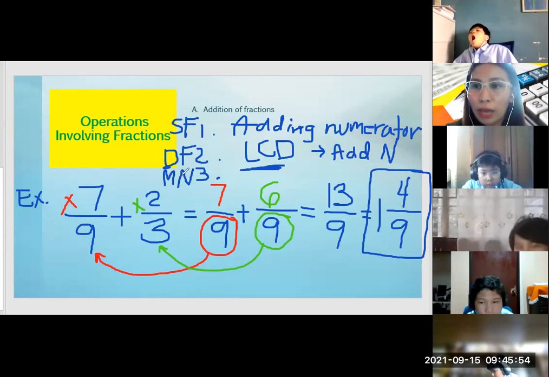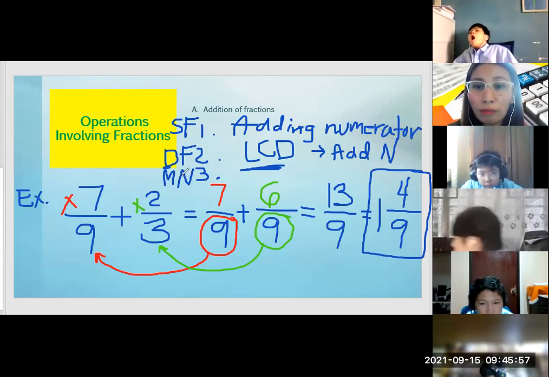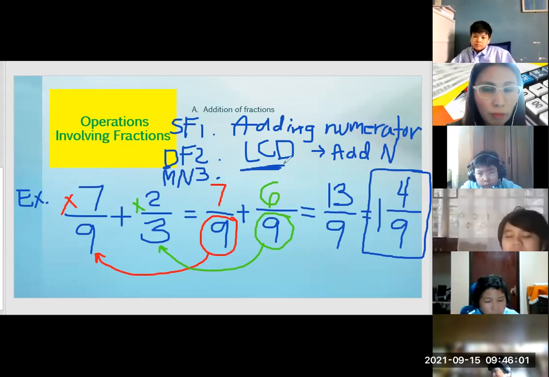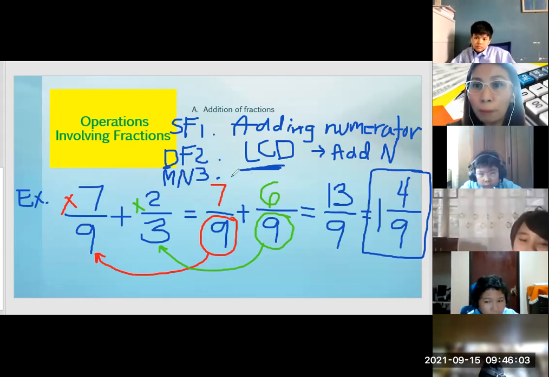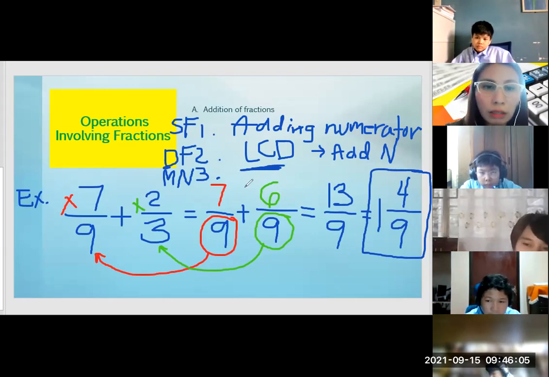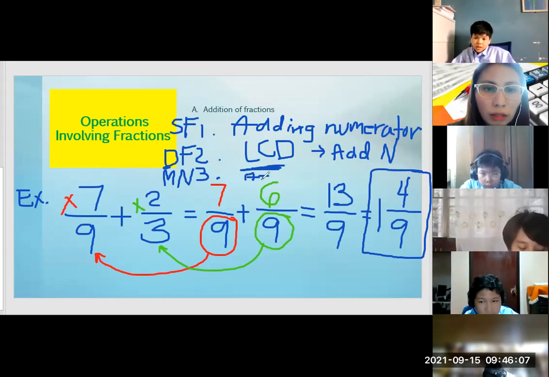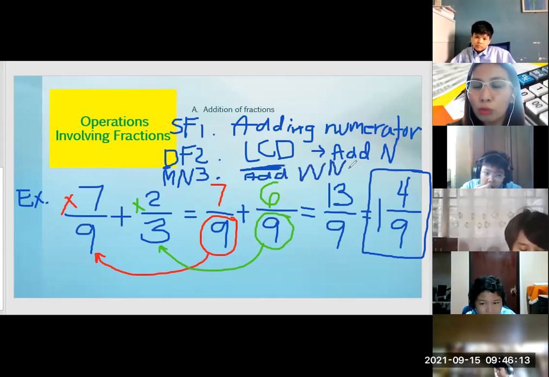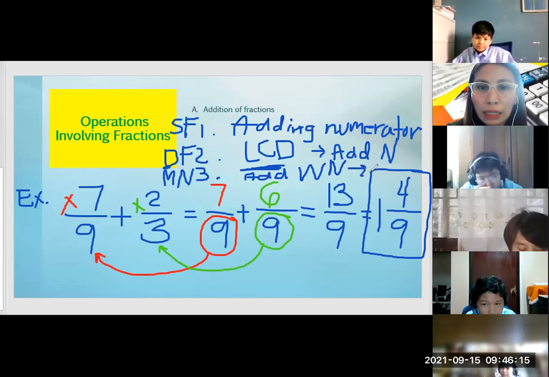What if we are given mixed numbers? You need to add the whole numbers first before you proceed to adding the numerators.